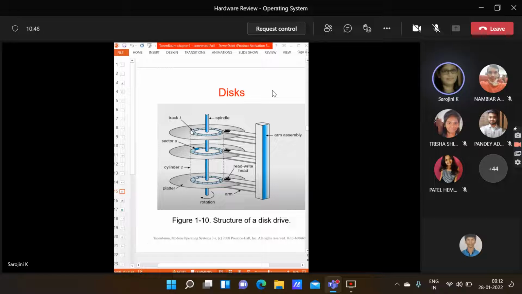In the next layer, there is another concentric circle, and then another circle. The entire disk will be filled with circles like this. Just ignore the lines in between the circles and imagine only the circles. If you look at the platter, it will have a series of concentric circles.